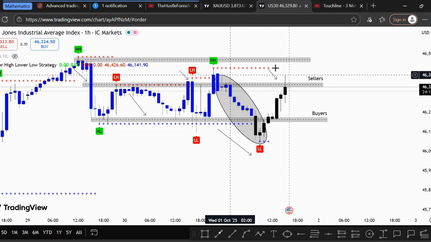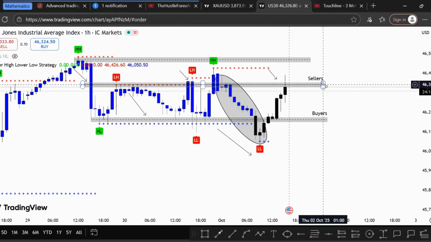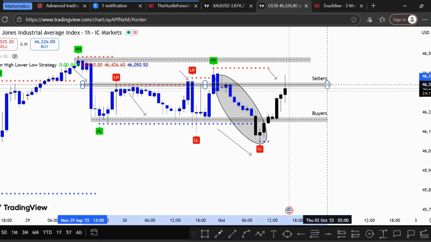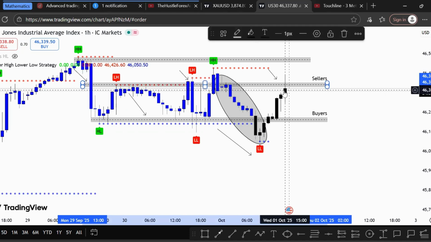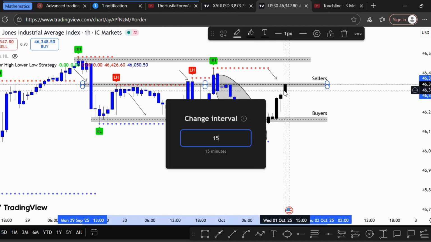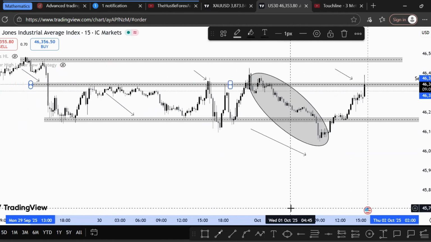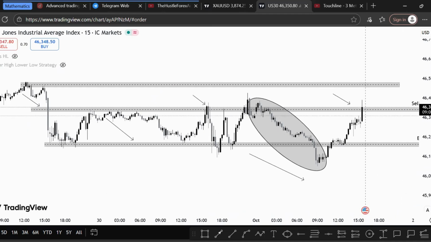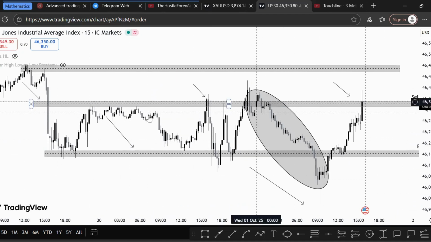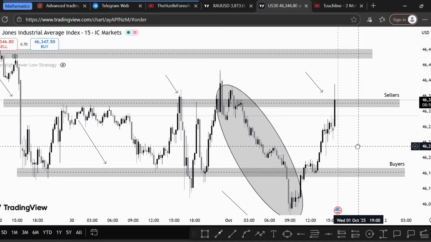So like I said, I see sellers are trying to push price down. We have a strong level of sellers that are sitting here, or you can say a level of resistance, which acts like a ceiling. Let me just switch this off. So we are on a 15-minute chart now, right? We also can look for levels where price has been bouncing off on a smaller time frame, right?